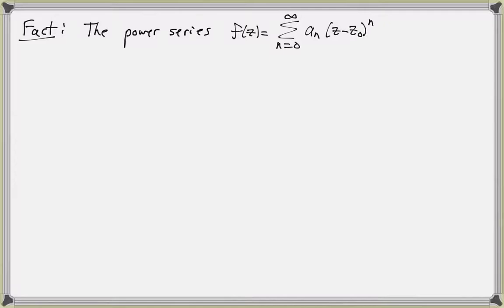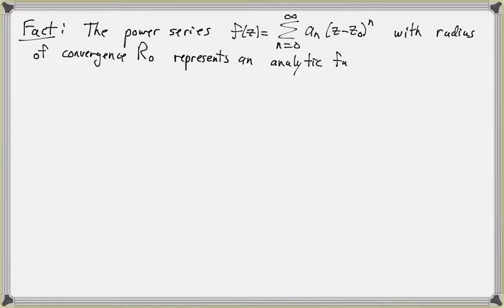This power series centered at z0 with radius of convergence capital R sub 0 represents an analytic function at each point z within distance R0 of z0, so with absolute value of z minus z0 less than R0, and as an analytic function, it is therefore differentiable.